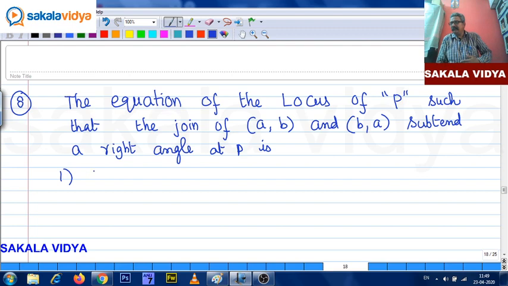First option: x square plus y square minus ax minus by plus ab equals to 0. Second one: x square plus y square minus ax minus by plus 2ab equals to 0.